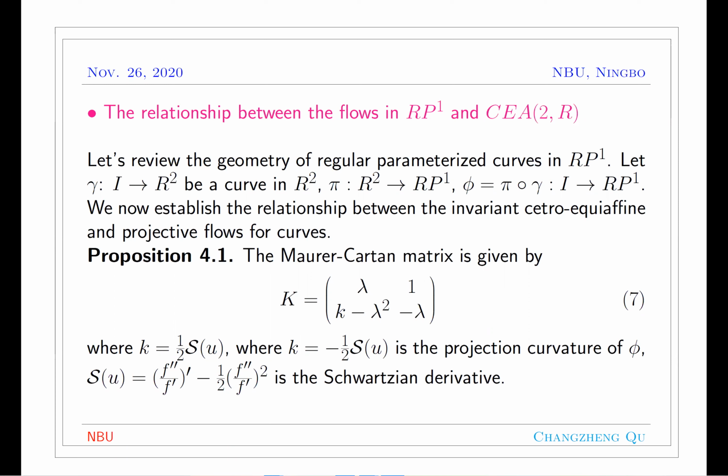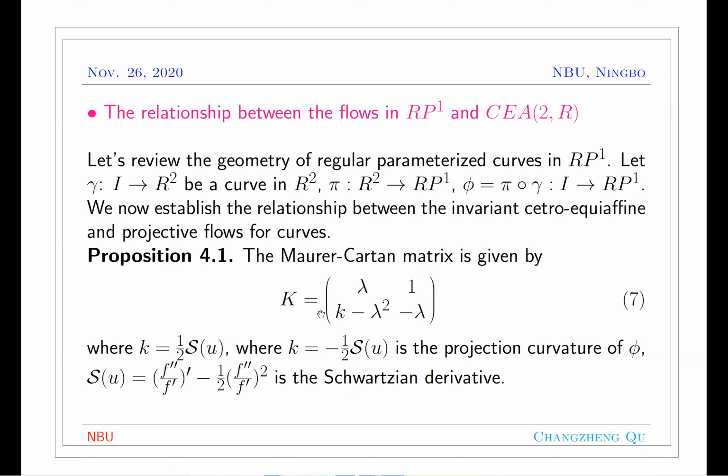In order to establish a relationship between the curve flows in RP1 and the centro-equivalent geometries, we can use the moving frame to compute the differential invariants in the centro-equivalent geometries. If gamma is a curve in the plane, pi is a projection from the plane to the one-dimensional projective space, and phi defines the curve in the one-dimensional projective space.